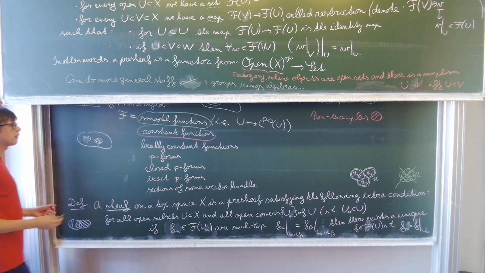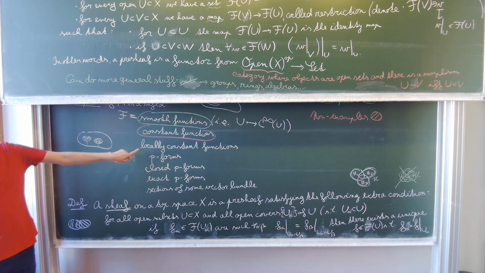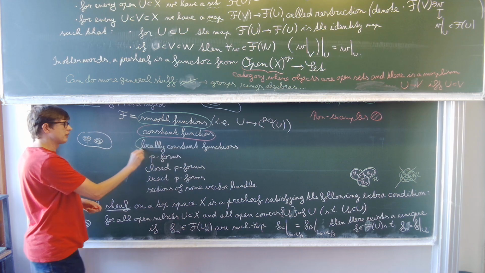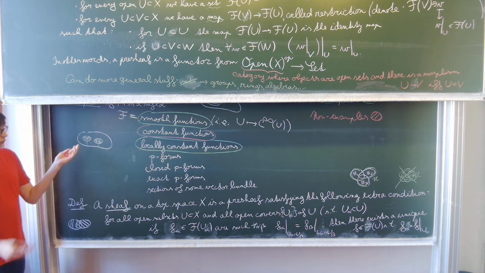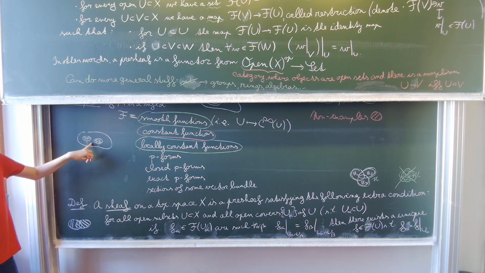But by the same token, you can see that the locally constant sections are a sheaf. Because this example that I mentioned works. This is a locally constant section over this first guy, this is a locally constant section over the second guy.